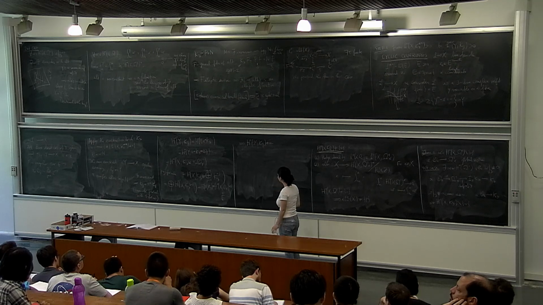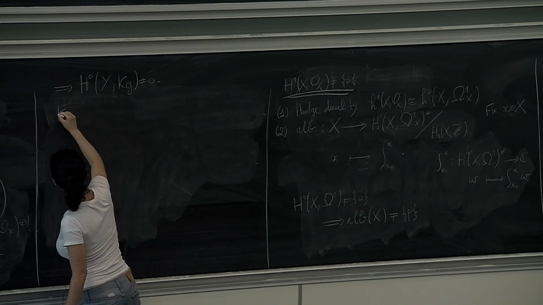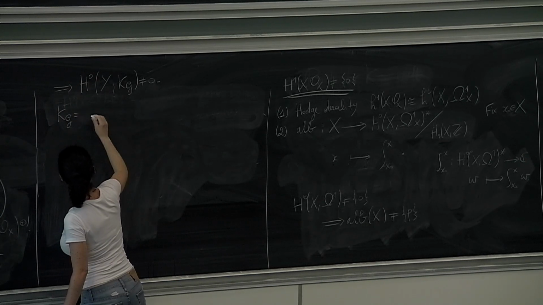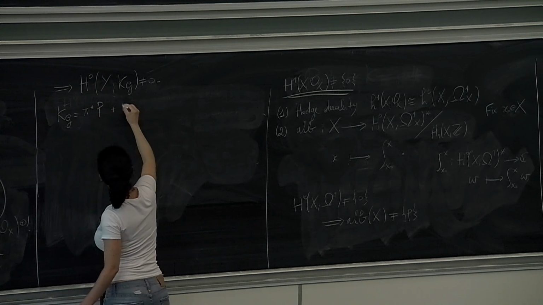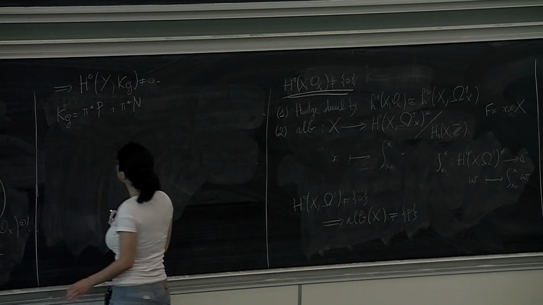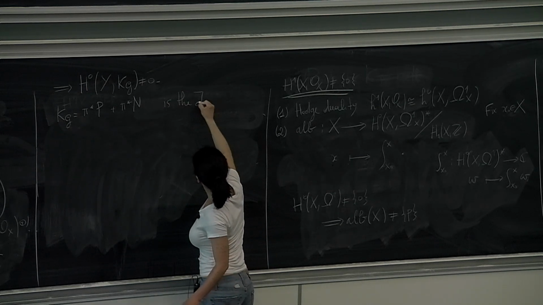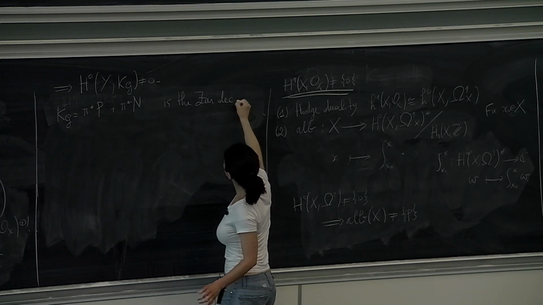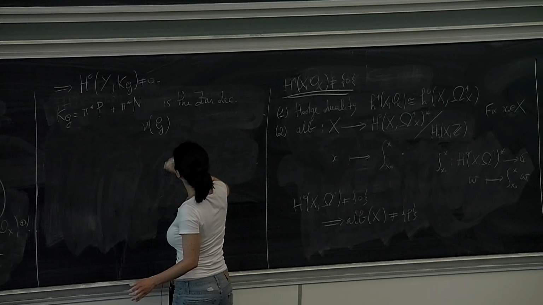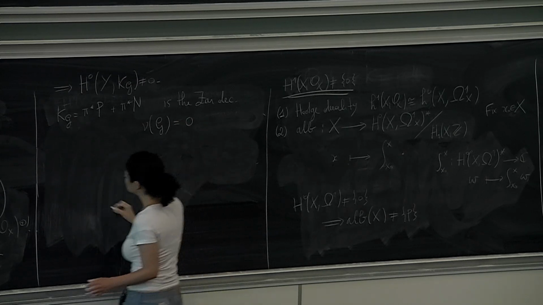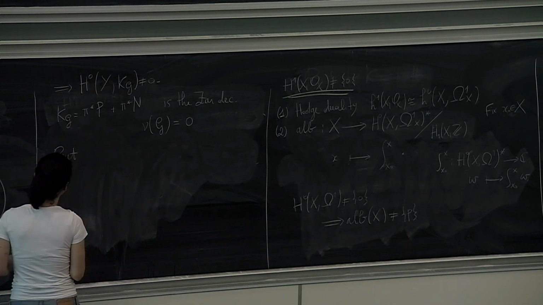Okay, and now once again we can prove that the Zariski decomposition of G is the pullback of P plus the pullback of N. So the numerical Kodaira dimension of G is 0, but maybe we lost G being relatively minimal.